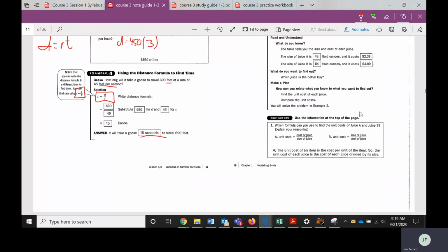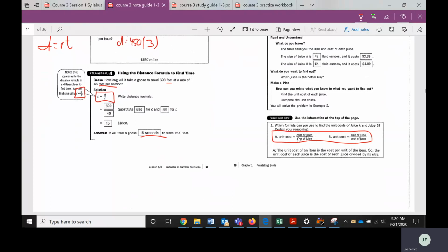To find out what a better buy is, these are the main formulas here. Well, it's one formula, but for each juice. So to find unit cost or price per one thing, you take the cost divided by the amount, or in this case, they call it size.